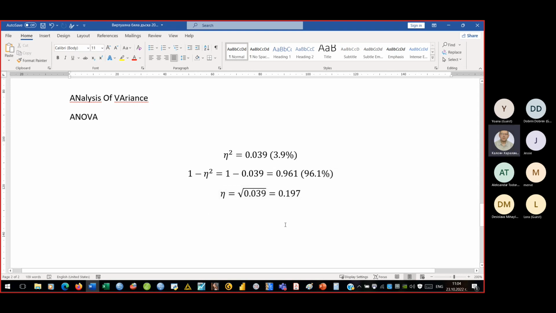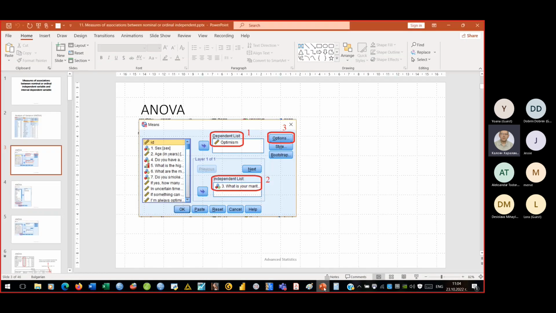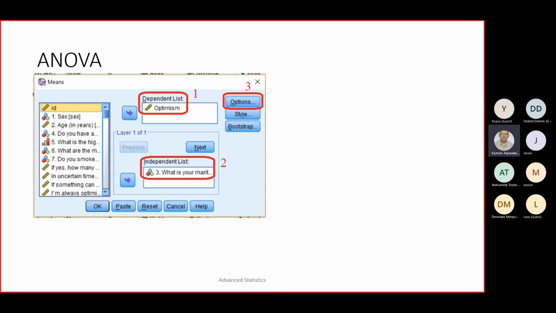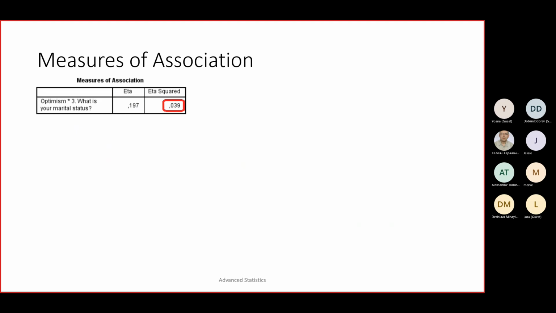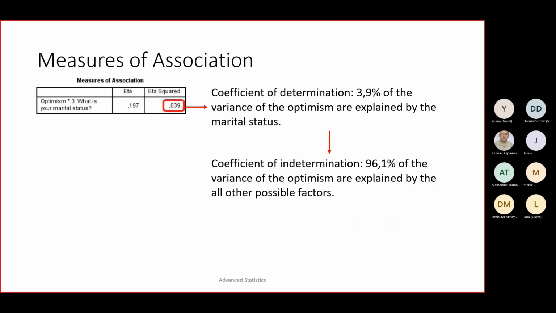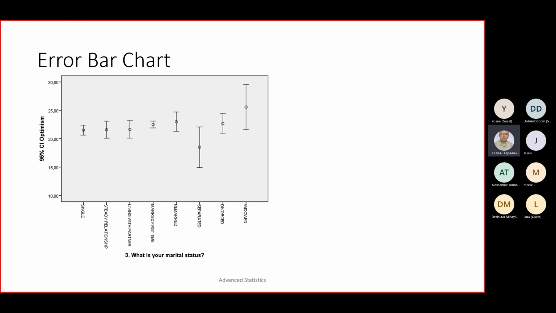So now I will show you a chart, but again, this chart is possible only in SPSS. In PSPP, there are no charts for the ANOVA. And this is the chart again, like yesterday.